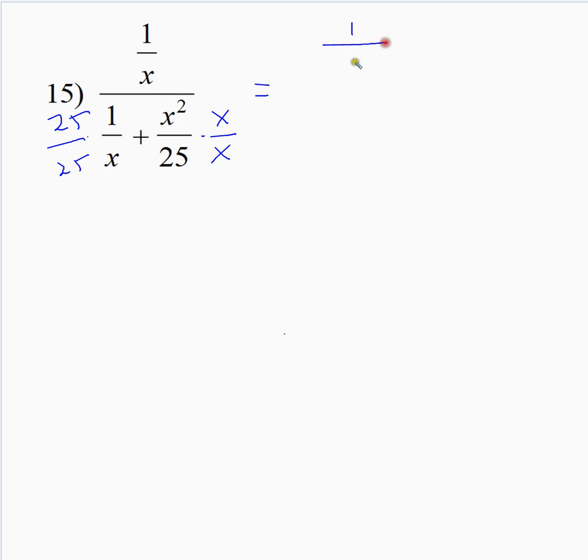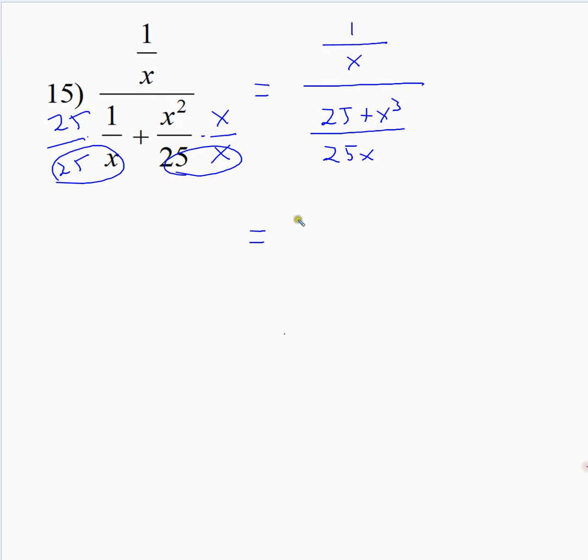And so we'll put it over here. We still have the 1 over x over, now we have our common denominator of 25x. So we'll put 25x here, and then we have 25 plus x cubed. And from there, we're actually back to an older one. We see this is a 1 over x divided by this part here.